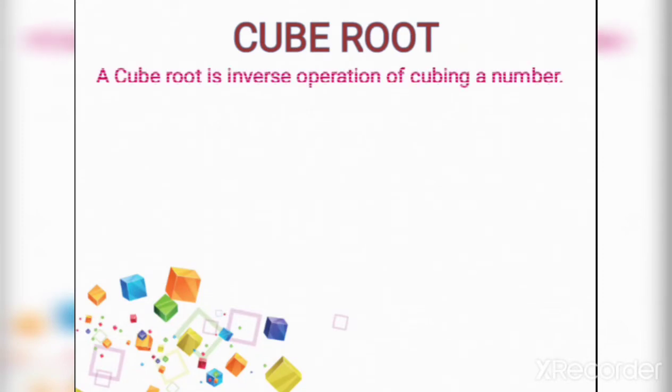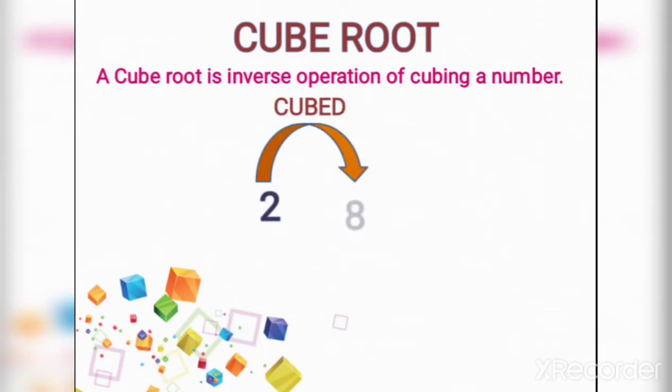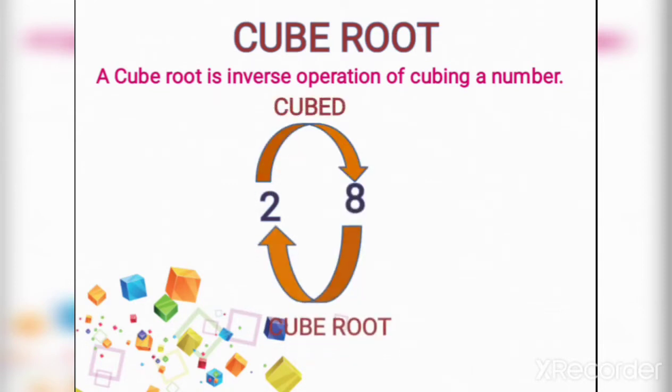Just like squares have square roots, cubes have cube roots also. A cube root is the inverse operation of cubing a number. 2 cube is equal to 8, so the cube root of 8 will become 2.